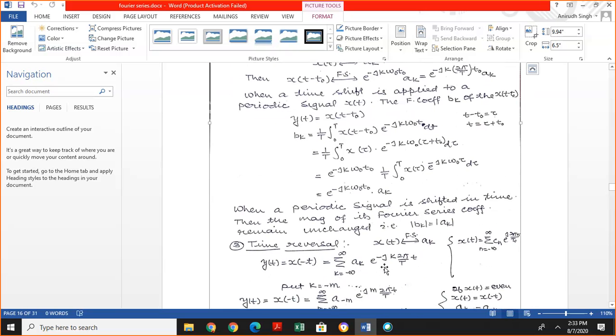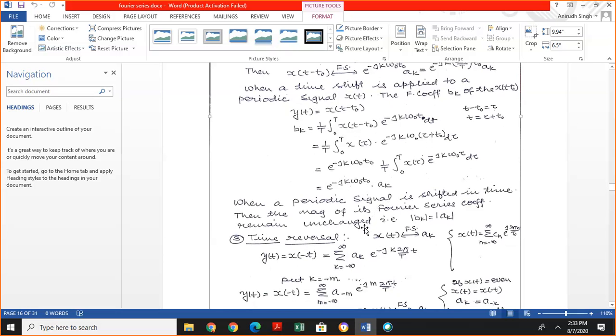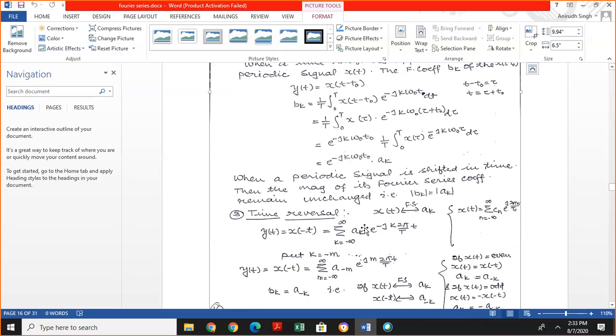So we can say that if a periodic signal is shifted in time domain, then the magnitude of the Fourier series coefficient remains the same, but there is some phase shift in the phase plot. But the Fourier series coefficient magnitudes remain unchanged.